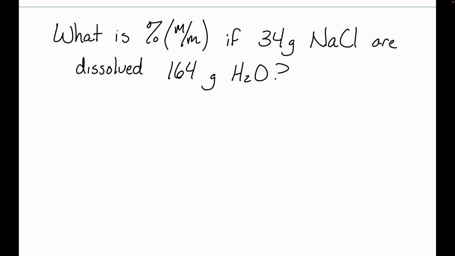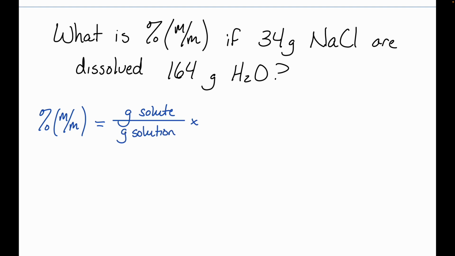All right, we're going to use our definition here of percent m over m, grams of solute divided by grams of solution times 100. Okay. How many grams of solute do I have in this problem? 34. My NaCl is my solute. And how many grams of solution do I have? Cool.